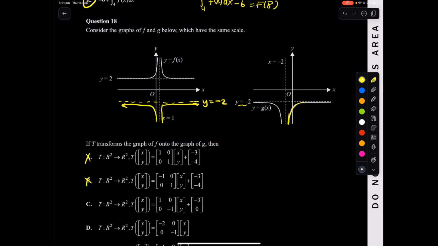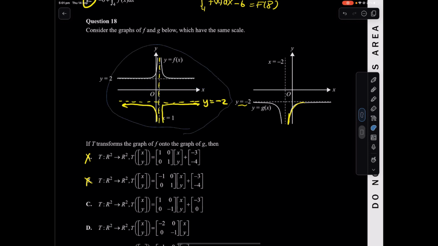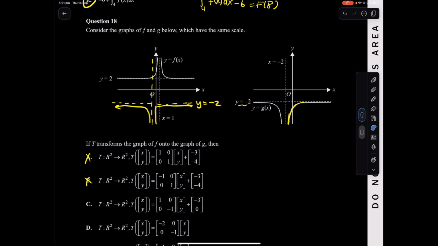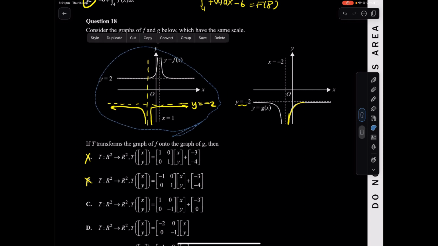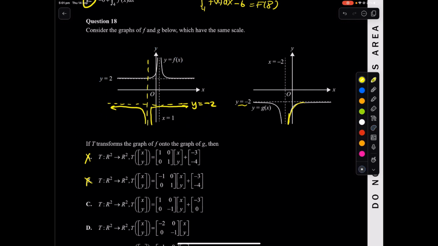So if we translate this whole thing to the left, this is x equals 1. Let me just draw this. If I translated this to the left, nicely, it'll be over here, which is, yes, x equals negative 2. Okay, so we have y and x equals negative 2.